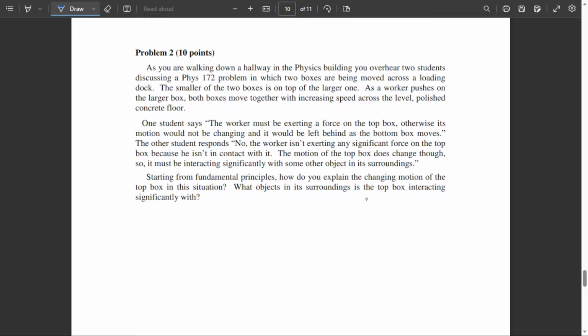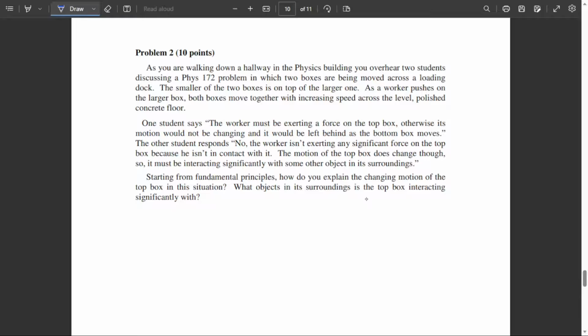The other student responds, no, the worker isn't exerting any significant force on the top box because he isn't in contact with it. The motion of the top box does change though, so it must be interacting significantly with some other object in its surroundings. Starting from fundamental principles, how do you explain the changing motion of the top box in this situation? What objects in its surroundings is the top box interacting significantly with?